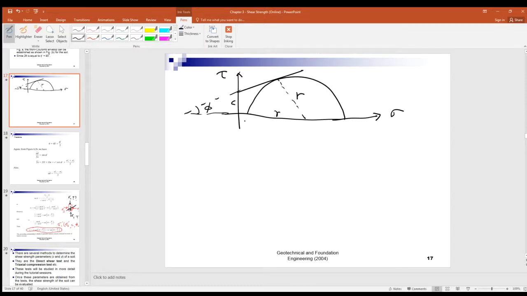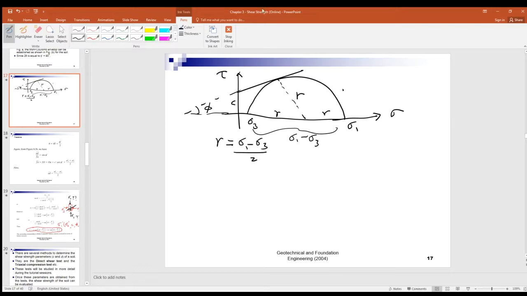That's also R, and that is sigma 3, and that's sigma 1. Now first of all, from this diagram, R is equal to, what's the length here? Sigma 1 minus sigma 3, right? So R is equal to sigma 1 minus sigma 3 divided by 2.